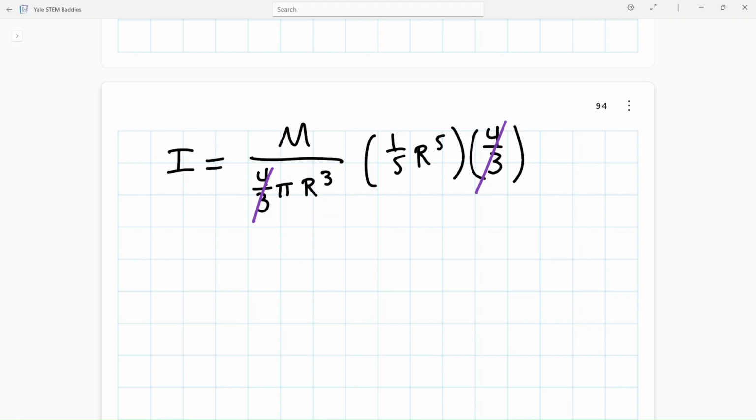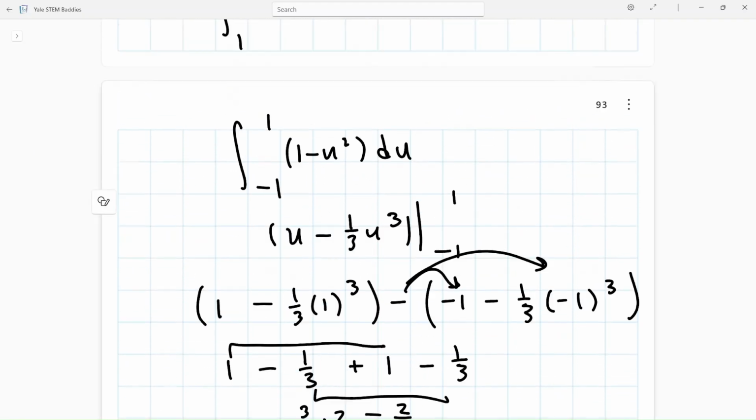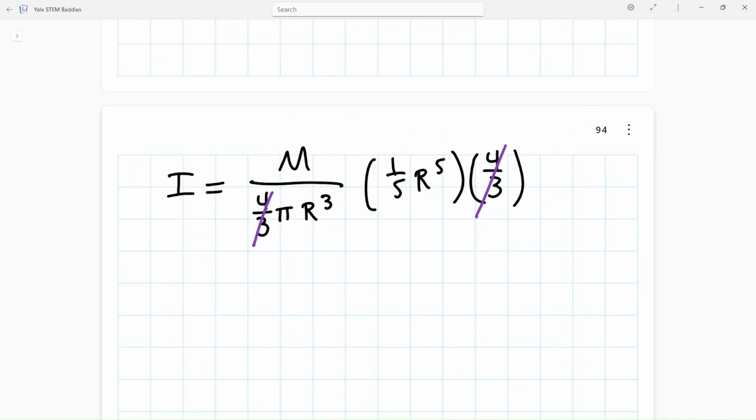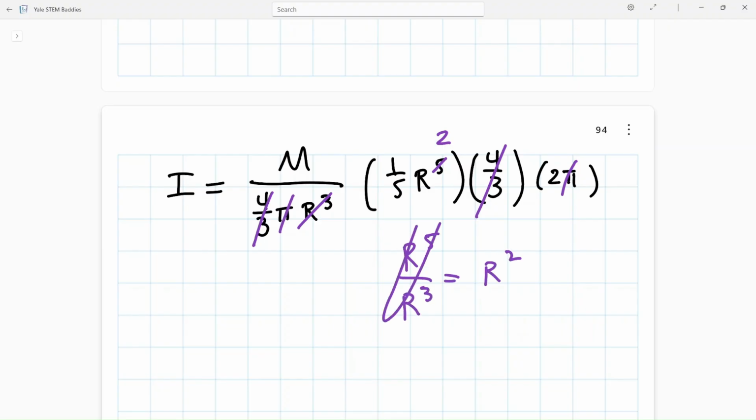I see that, and I forgot a 2 pi, didn't I? Yeah, sorry, I forgot this 2 pi. We'll just add that on the end here. I see that this pi cancels, and I think this r cubed cancels, turning this into an r squared, because remember that r to the 5th over r to the 3 equals r squared. That's standard exponent rules.